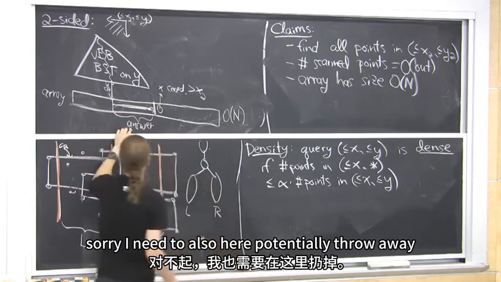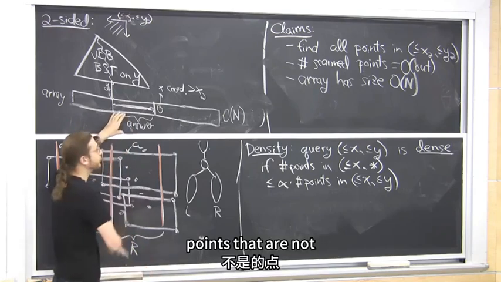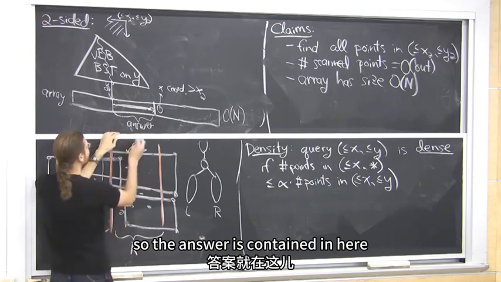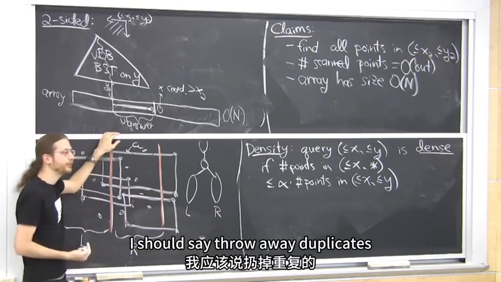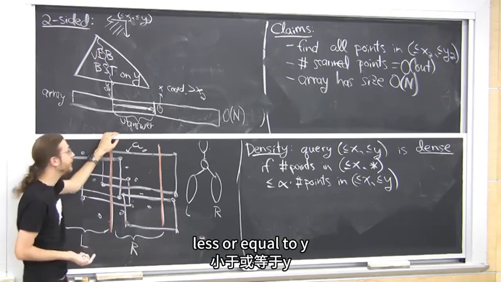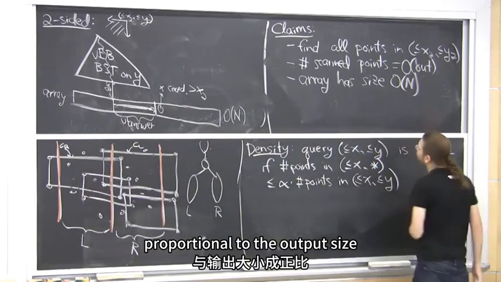Sorry, I need to also here potentially throw away points that are not low enough. So the answer is contained in here, I should say. To throw away duplicates, you have to throw away points that are not in the range less or equal to x, comma, less or equal to y. Still, we claim the number of scan points is proportional to the output size.